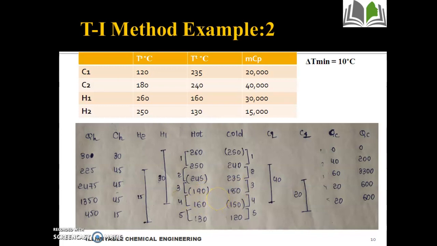Next highest temperature is 160 degrees Celsius, it is in the hot stream, so we'll write the temperature at the hot side and minus 10 at the cold side, 150 degrees Celsius. Next highest temperature is 130 degrees Celsius, that is at the hot side, so we'll write 130 degrees Celsius and minus 10, 120 degrees Celsius, that is also present in the cold stream, so it is not the adjusted temperature.